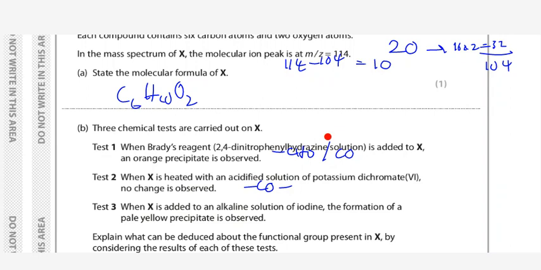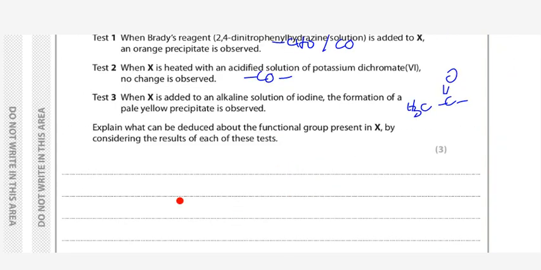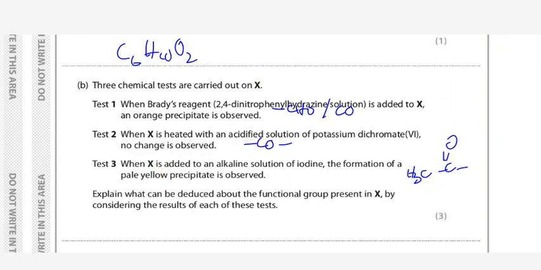When X is added to alkaline solution of iodine, a yellow precipitate is formed. That means it has a methyl carbonyl group. That is the iodoform test for the methyl carbonyl group: you add NaOH and warm, and you get a yellow precipitate. Explain what can be deduced about the functional group present in X by the above results. Test 1 confirms the presence of an aldehyde or a ketone.